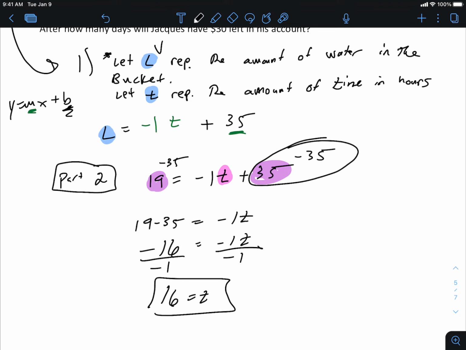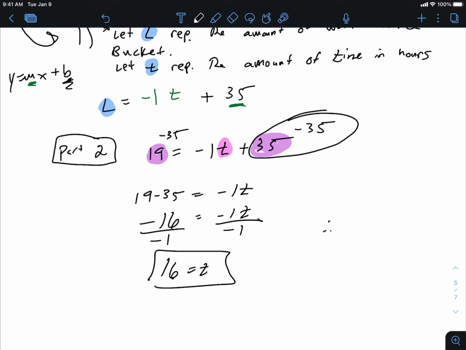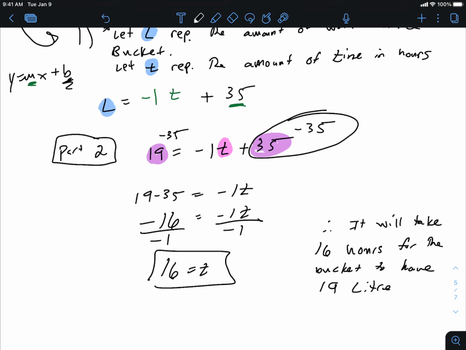And then you can say with any word problem, therefore, it will take 16 hours for the bucket to have 19 liters in it. Any questions? I'm going to check. It's good, Brandon. Okay, good.